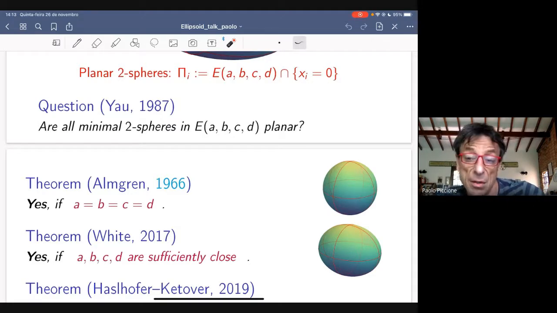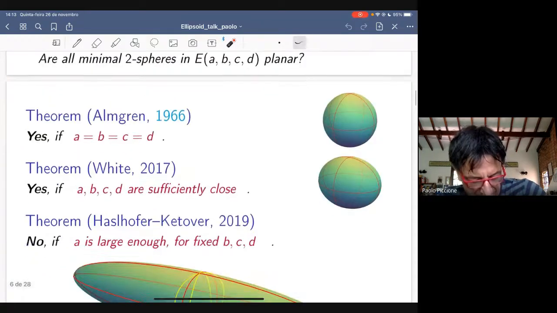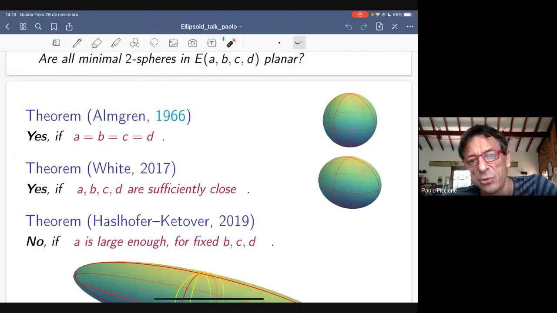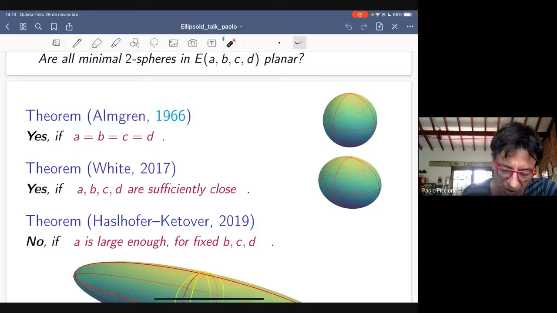Intersections with planes. And then in 2017, Brian White proved, in fact, that this remains true if the ellipsoid is not too different from a round sphere. That is, if the values of the semi-axes A, B, C and D are sufficiently close to each other. Okay.